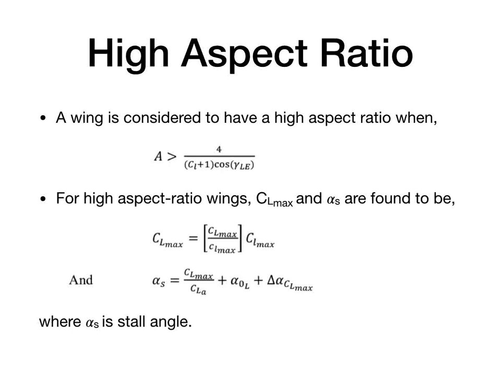For the stall angle alpha S, the only parameter not already determined is delta alpha CLmax. This can be obtained by the graph, which is a function of the leading edge sharpness parameter delta Y.